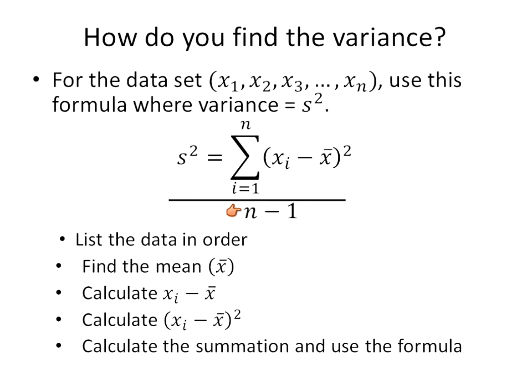The number of things we have, the number of numbers we're working with, minus 1. All right, so we're basically finding the average. We're adding up all of these, and it's kind of like finding the average, not totally, because we have to square this. Okay, so we're finding the average of the squares. So we're adding all of those squared numbers up, and we're dividing by 1 less than the number of items we have. Okay, so let's go back to that page.